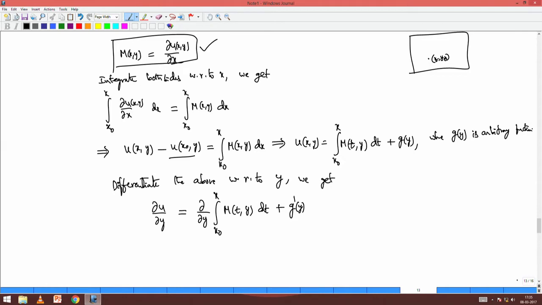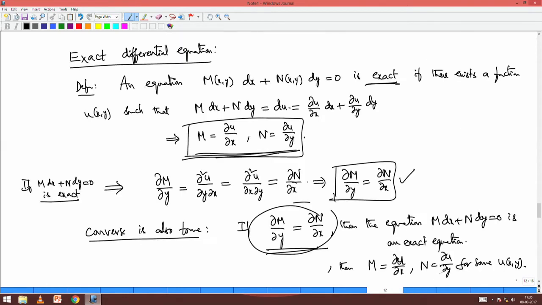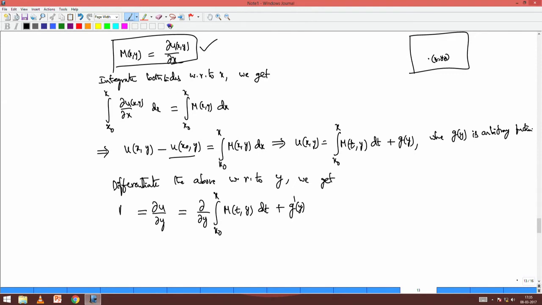Now, what is this one? ∂u/∂y is like N. So, this is actually your N. Now, this implies N minus ∂/∂y of the integral from x naught to x of M(t, y) dt is only a function of y.